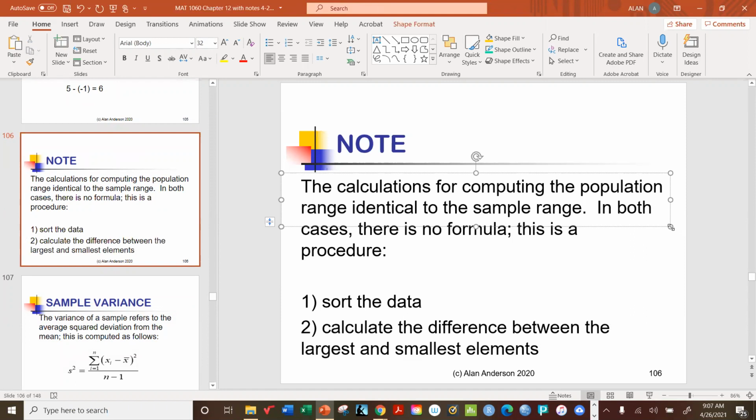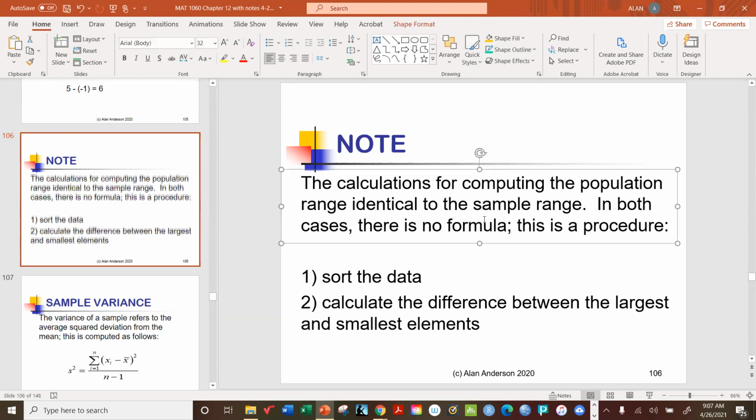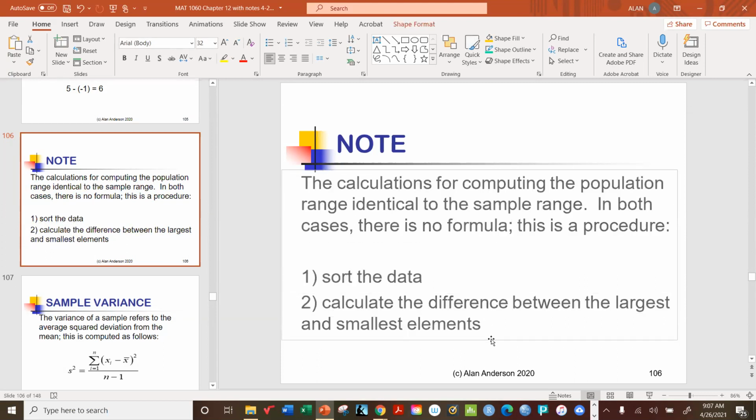All right, now, having said that, the next measure that we're going to look at, we're back to the case where we have to make a distinction between a sample measure and a population measure. And in addition, there's a formula involved. And the formula involves our old friend, the summation operator.